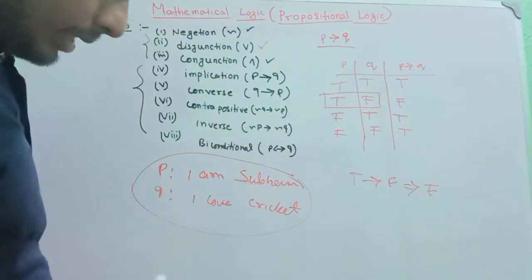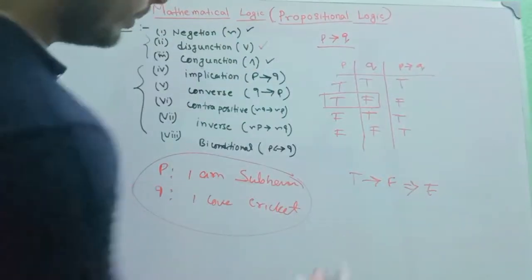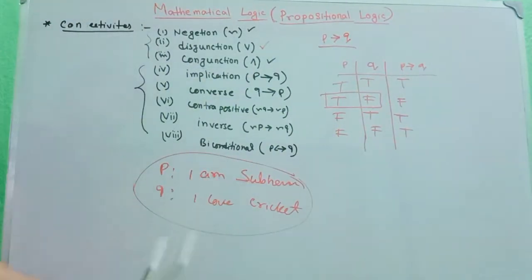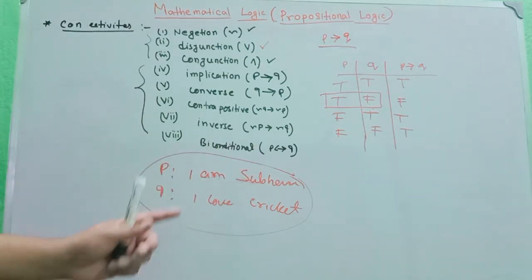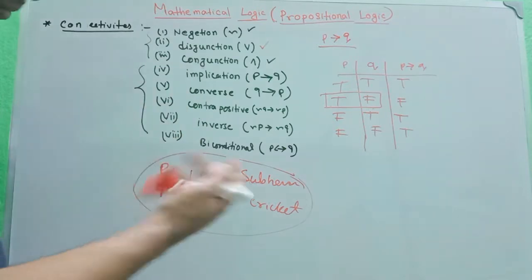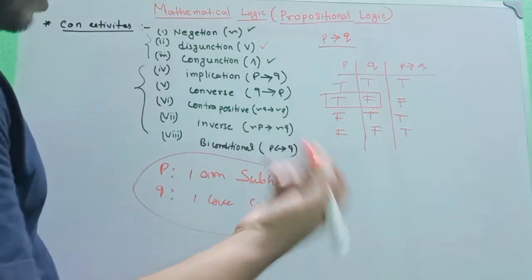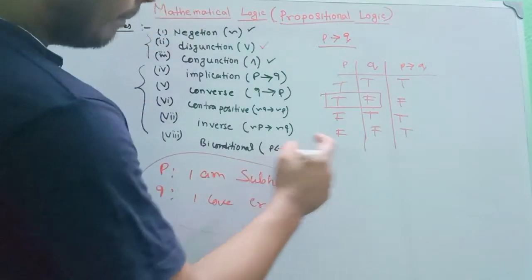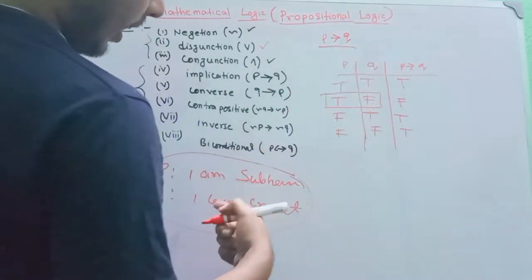Okay, that is the implication truth table, and this is my sentence or statement. If I use implication: I am Shubham implies I love cricket.